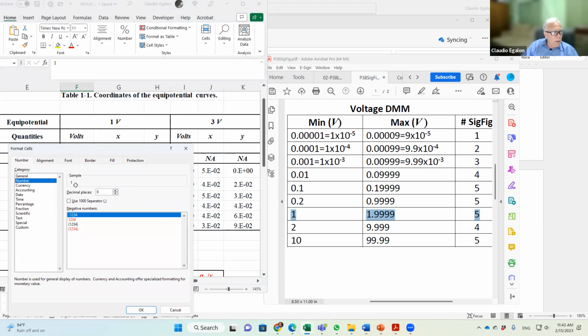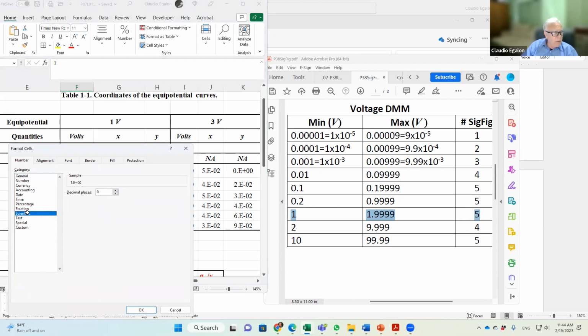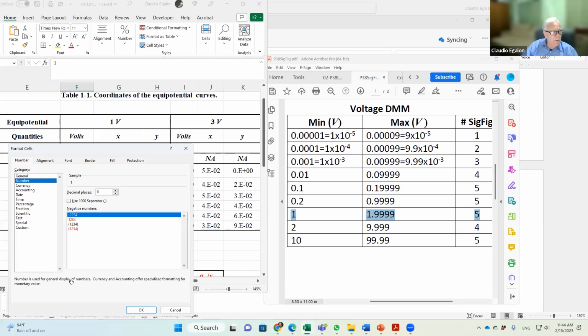It was initially in a scientific format, but now it's in numeric format. Right now we have only 1 significant digit. I add 1 decimal place, and we end up with another significant digit. I add a second decimal place, and we end up with 3 significant digits, 4, 5. So in order to get 5 significant digits, I have to display this value with 4 decimal places.